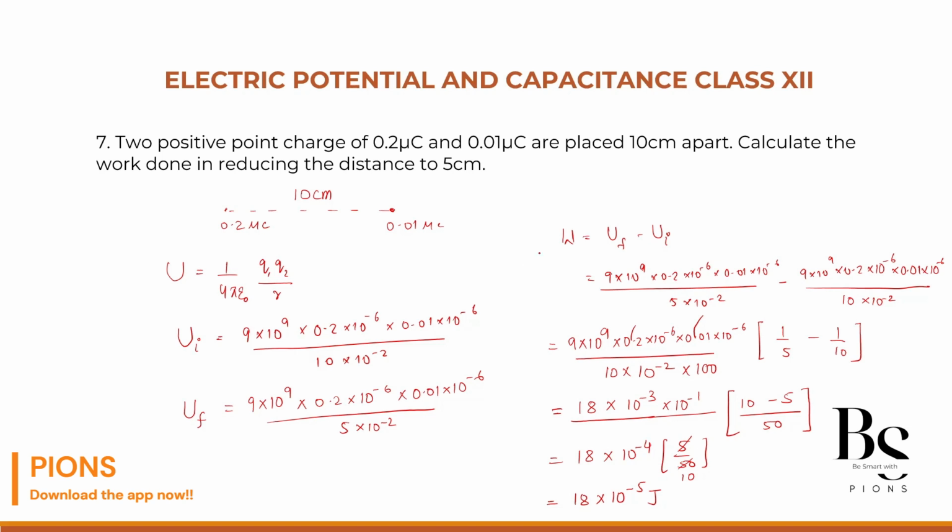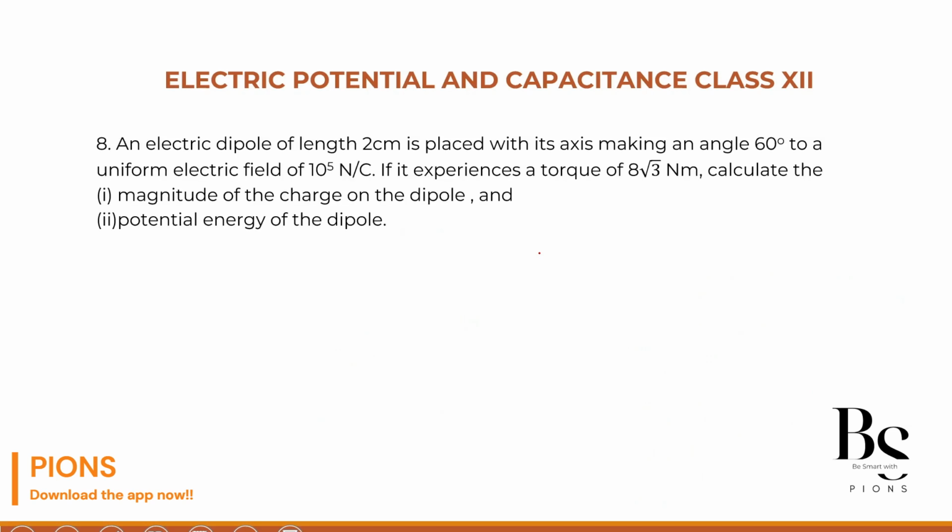Let's move to our next question. Question number 8, it says an electric dipole of length 2 centimeter. So 2a, which is the dipole length, is 2 centimeter, 2 into 10 to the power minus 2 meters, because meter is our standard unit, is placed with its axis making an angle theta of 60 degree to a uniform electric field E equals 10 to the power 5 Newton per Coulomb.